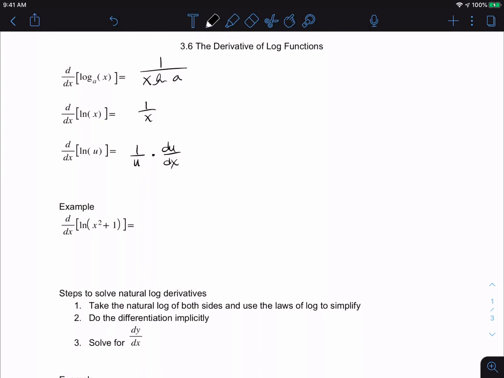So check this out. So I don't confuse you with variables, if I had this with respect to x, and I go ln of y, the ln piece, we know the derivative of that is going to be 1 over whatever the variable is. So that gives me 1 over y.